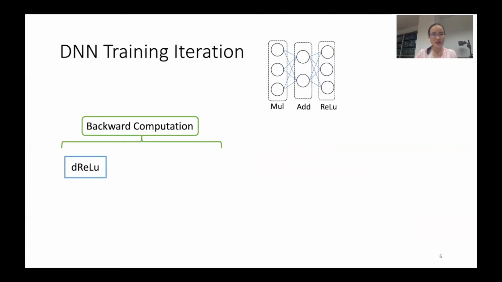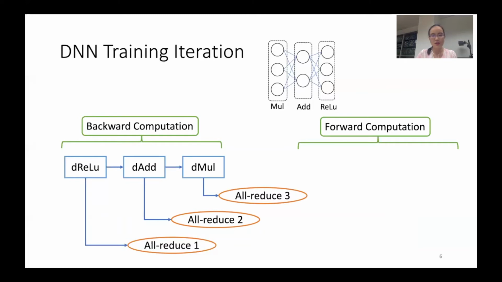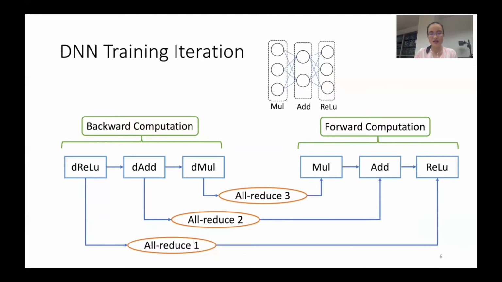Starting from the last layer, we compute the gradients and send the all-reduce tensor for the synchronization. And we do the same thing for the second last layer, and then the first layer. After the backward computation is done, we start the forward computation. We start from the first layer, receive and apply the gradients, and then the second layer, and then the last layer.